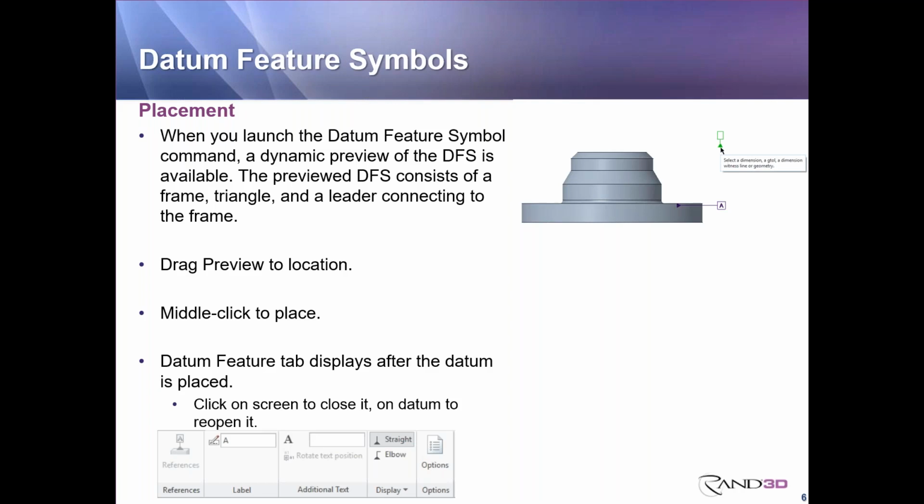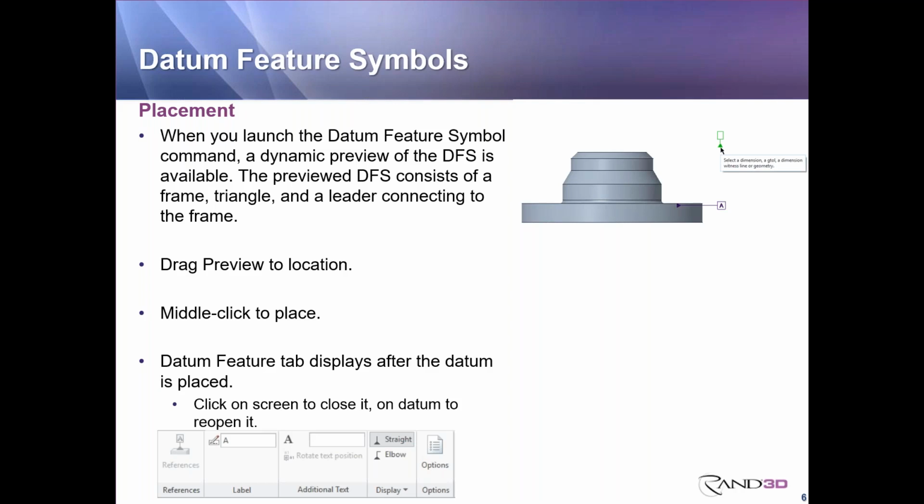Now, if you are creating the datum feature symbol in a part or an assembly, you can select references like surfaces, that's cylindrical and linear surfaces. You can select dimensions, linear dimensions specifically, or extension lines of linear dimensions. You can select radial dimension elbows.